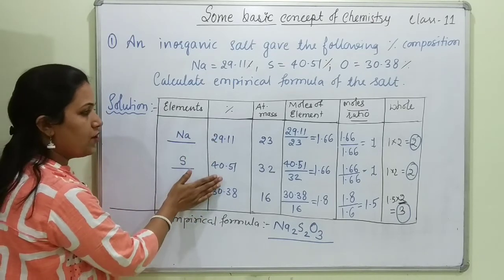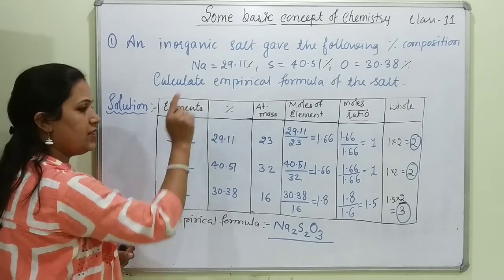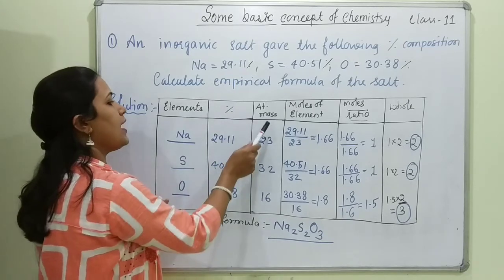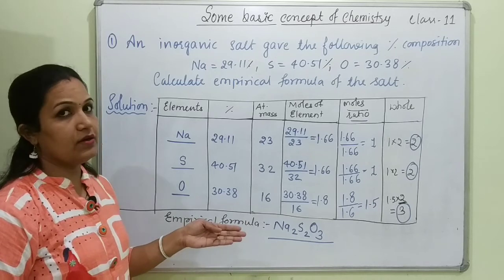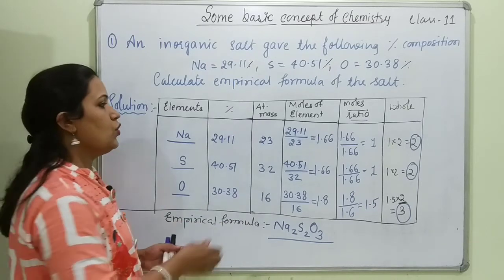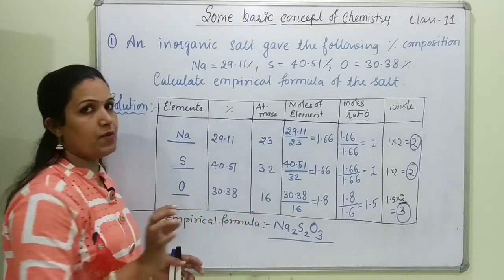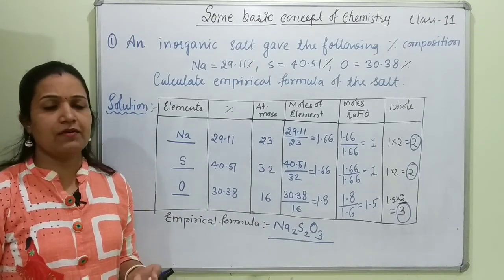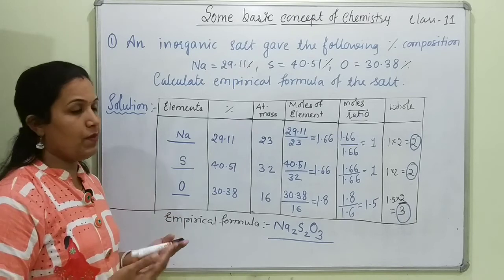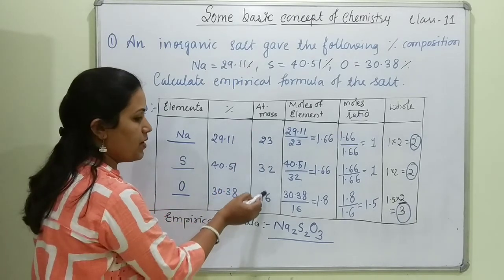Then after writing all the percentages given in the question, we need to write atomic masses. Sometimes atomic masses may be given in the question or may not be. So we need to memorize atomic masses. If any difficult element is there, definitely they will give it. Otherwise, for simple elements, we need to memorize them. So we wrote all the atomic masses.